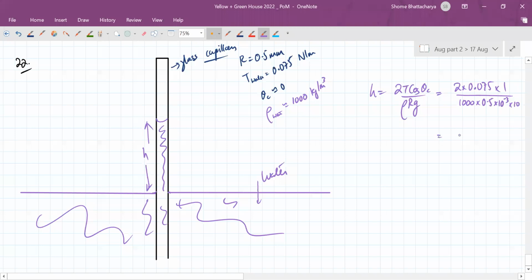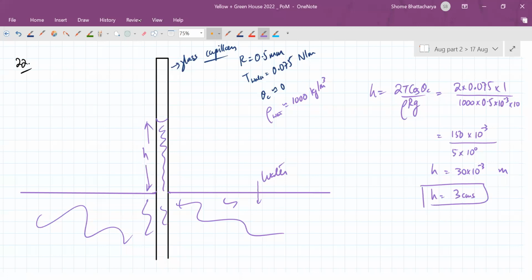So what we're getting here is 150 into 10 raised to minus 3 in the numerator, divided by 5 into 10 raised to 0 in the denominator. That is 30 into 10 raised to minus 3, or 3 centimeters. That's the capillary height that we are getting.